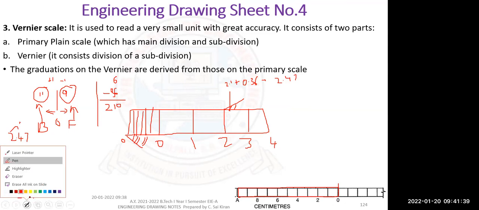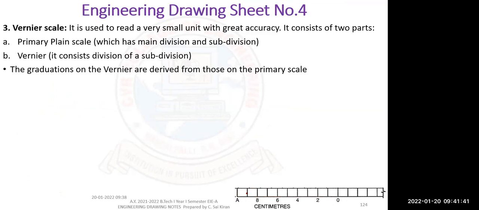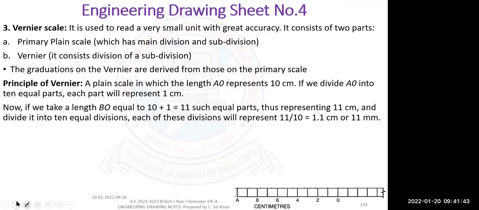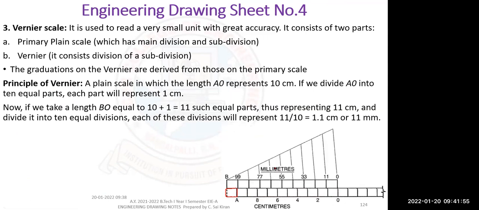So what he has done is either he has added one same object or he has reduced. If you see here, he has added one extra. This will become the 11th table. Already I have 10 equal parts, and add one more part. It will become the 11th part. So out of this 11, I am dividing into 10 equal parts. So 11 by 10.